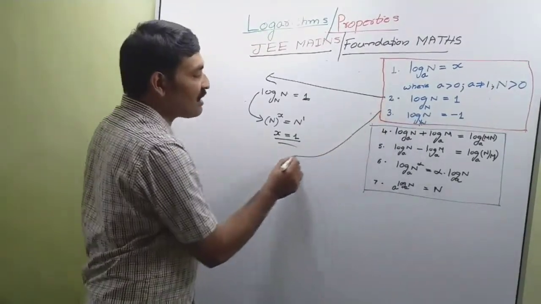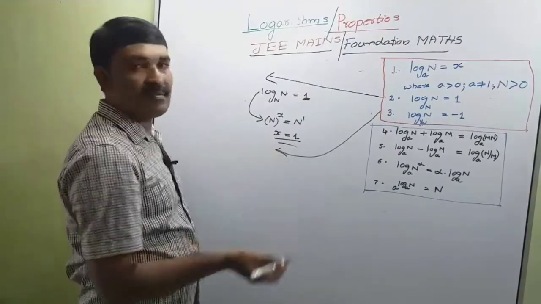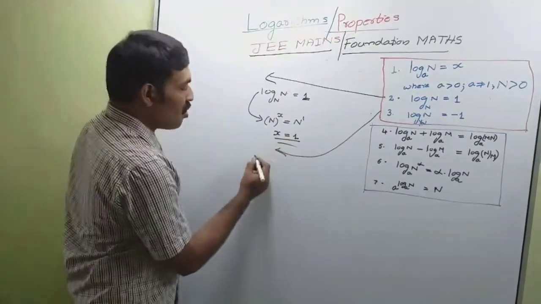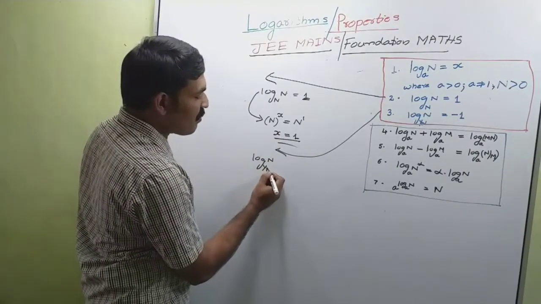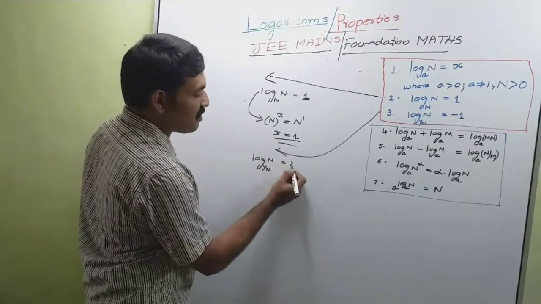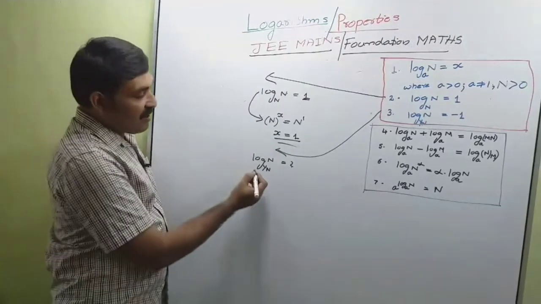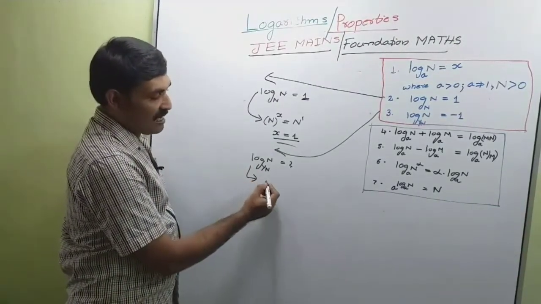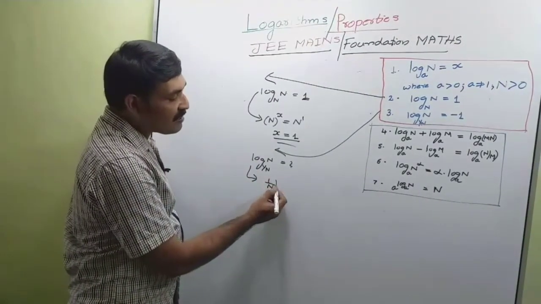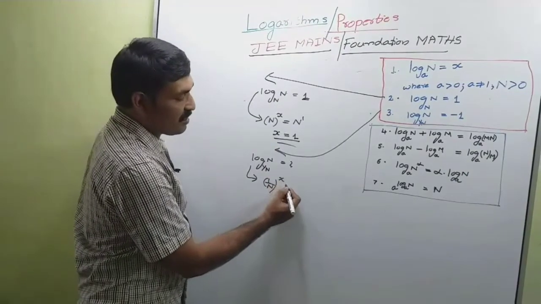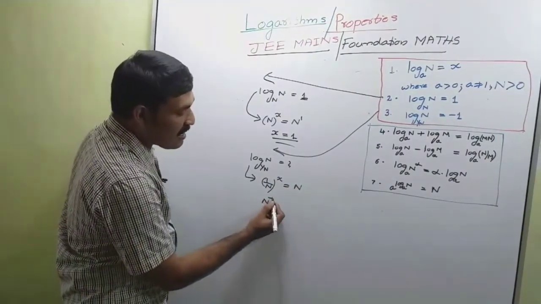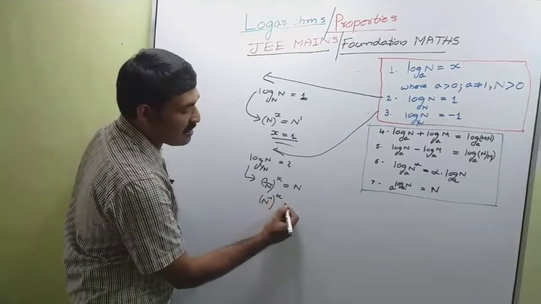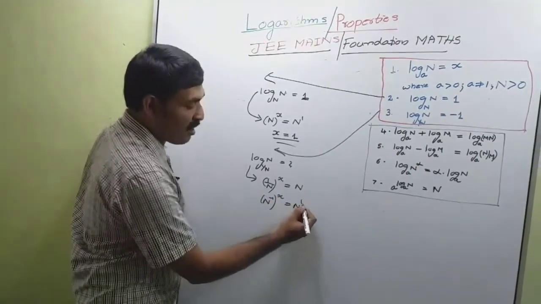And the proof of the third property: log n to the base 1 by n is equal to x. We can write this in exponential form as (1 by n) raised to x is equal to n, or (n raised to minus 1) whole raised to x is equal to n raised to 1.